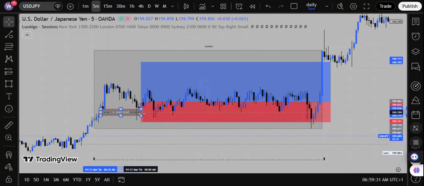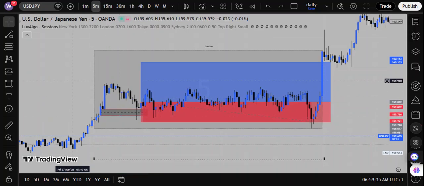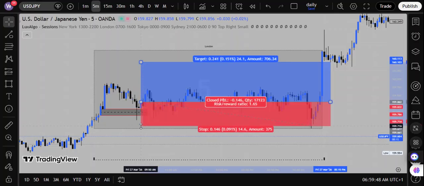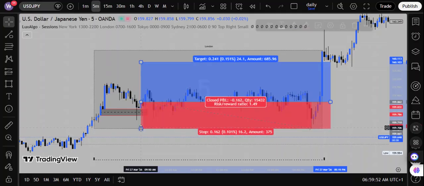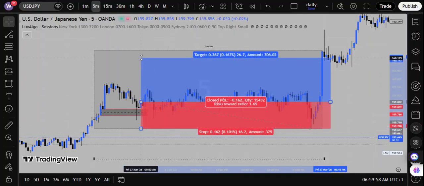Now, most people would be like, where are we actually setting our stop loss? What is the psychology behind the stop loss, right? Let me just quickly answer that. For me, I prefer that you mark your stop loss right below the FVG swing low, which is this area right here, just for proper risk management.